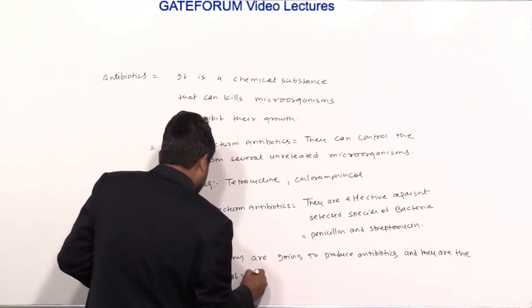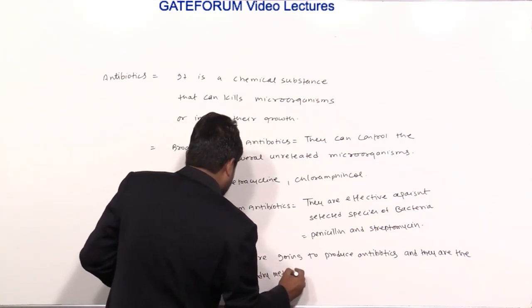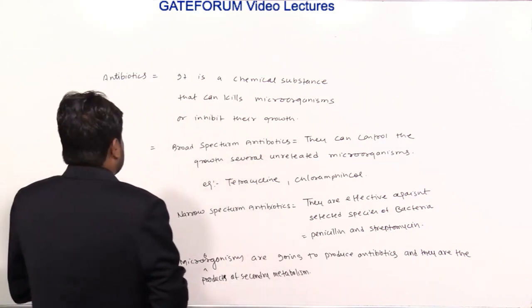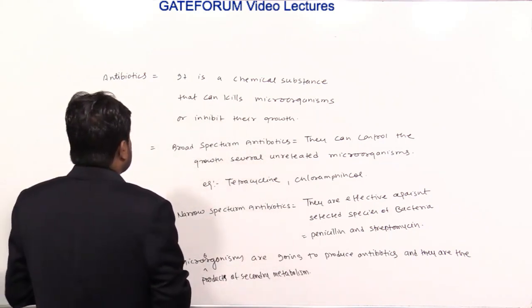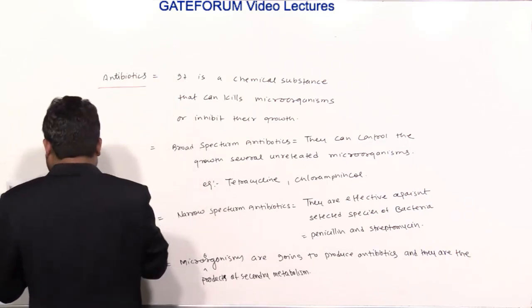They are the products of secondary metabolism here. So what are antibiotics? Mainly a chemical substance that kills microorganisms or inhibits their growth.